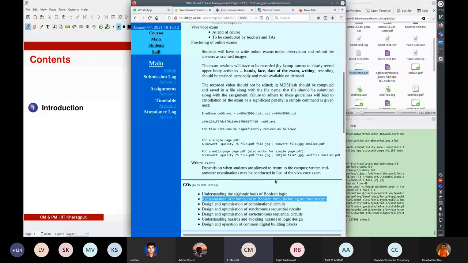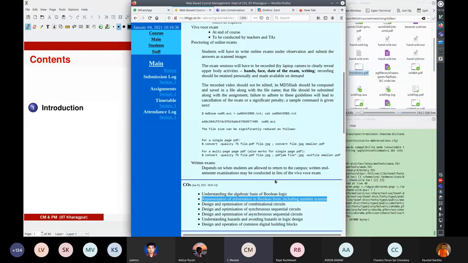So here you'll be expected to record your performance in the exam. You should position your laptop so that your upper body is properly covered, so we can basically see what you're doing.